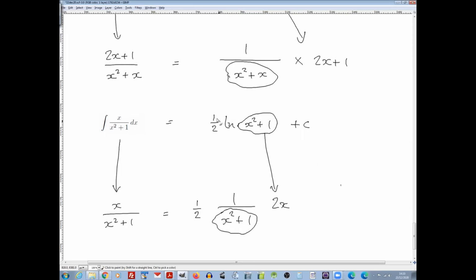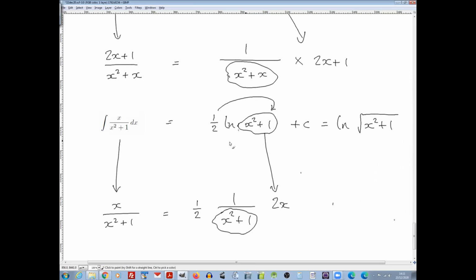In which case, we could bring this half round to be a power, and we could say it's log of the square root of x squared plus 1, couldn't we? Power of a half. Yeah, exactly that. A half log is fine.